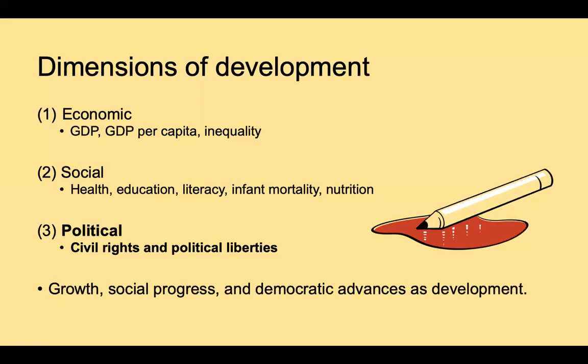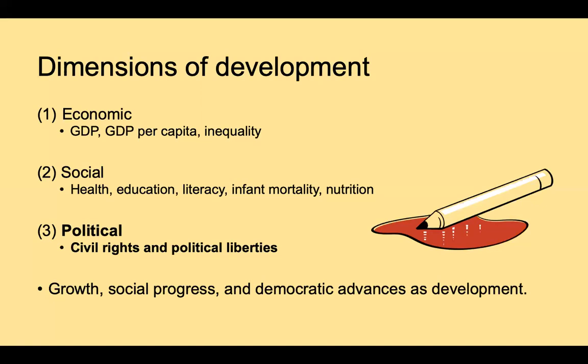But when we talk about political development, we really mean, frankly, democratic advances, or more specifically, civil rights and political liberties that create opportunities for participation in politics, equivalent and pluralistic participation, values and institutions or settings that are inclusive and encompassing, that are consensual perhaps, or that stimulate cooperation and produce decision making and outcomes that represent the desires and the preferences of the public, who themselves should be able to perhaps have property rights and be able to move freely, be able to exercise the right to speak and to favor or oppose policies and structures and so on and so forth. It's an exhaustive list, as I know you could probably imagine.